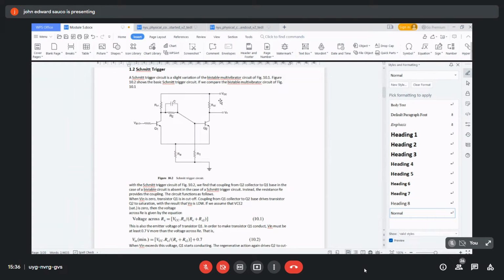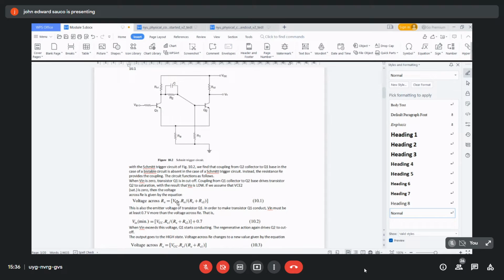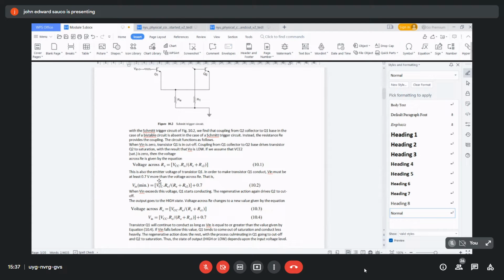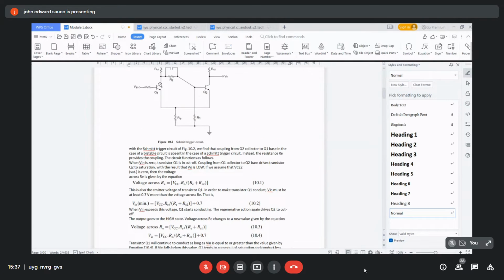If we assume that VCE2, which is VO, is 0, then the voltage across RE is given by this equation: VCC times RE over RE plus RC2. RC2 is at the voltage output, VCE2. This is also the emitter voltage of transistor Q1.